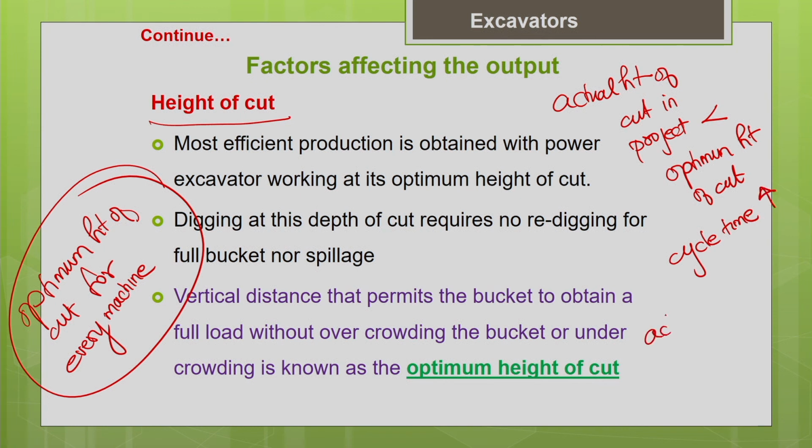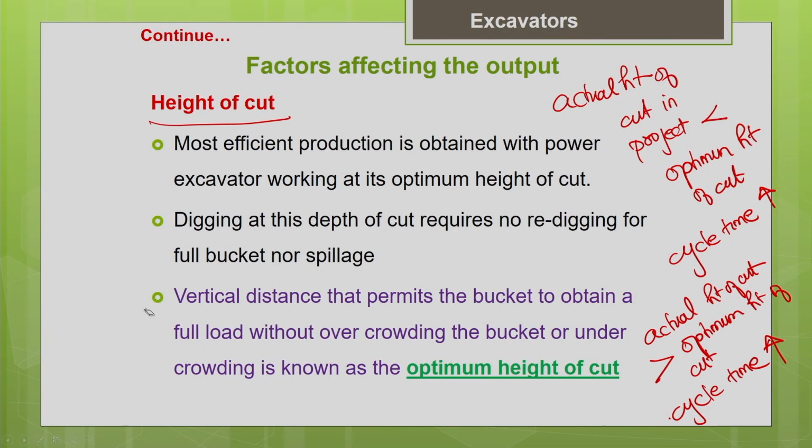Similarly, if the actual height of cut is greater than the optimum height of cut needed for the machine, cycle time will also be more, because you have to maneuver the entire height. So only at the optimum height of cut will it give you the maximum productivity.